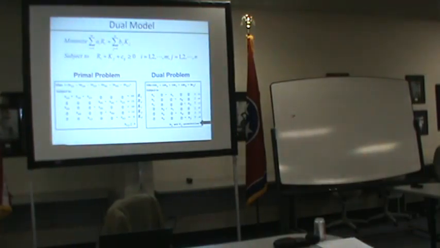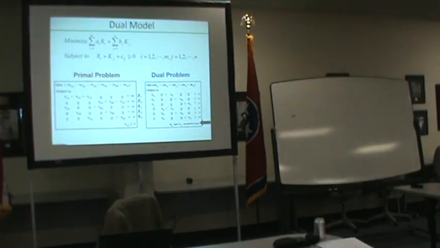Now this is the general formulation of the dual on top. It's really the minimization of the sum of the Ai's times Ri's plus the sum of the Bj's times Kj's. Very simple, easy to remember objective function.